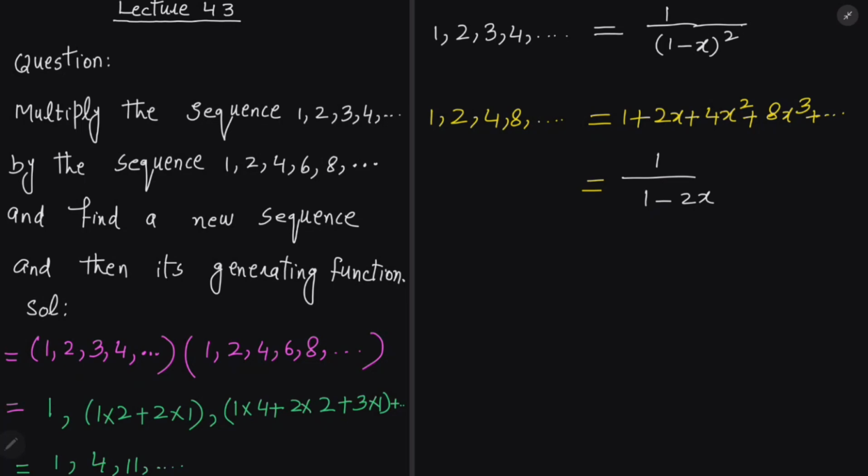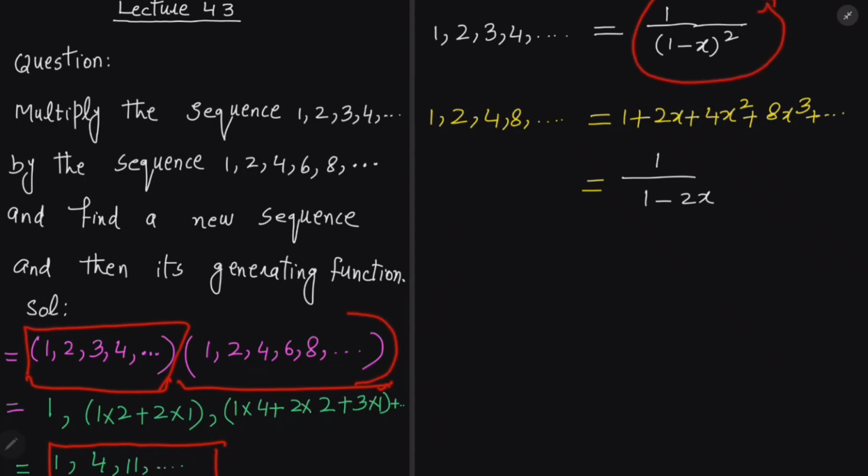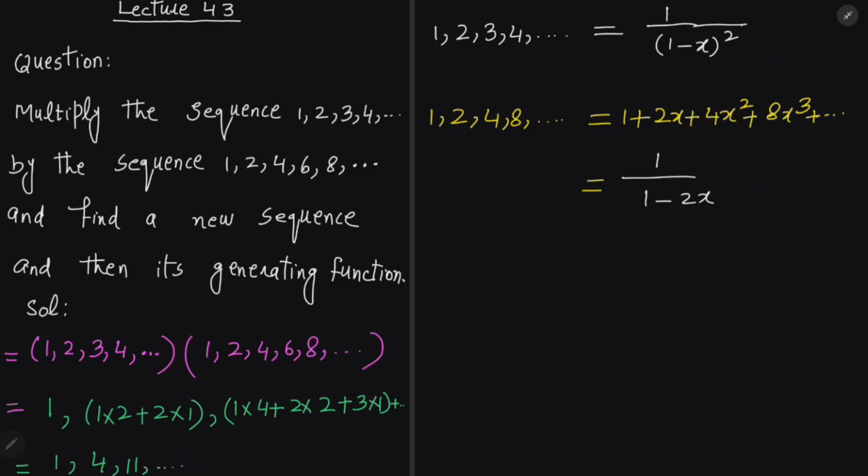I'm sorry, this is the generating function. So we need to find the generating function for this sequence, which is the product of these two sequences. The generating function for the first sequence is given over here, and the generating function for the second sequence has already been obtained in this equation. So we simply multiply these two values and get the answer.